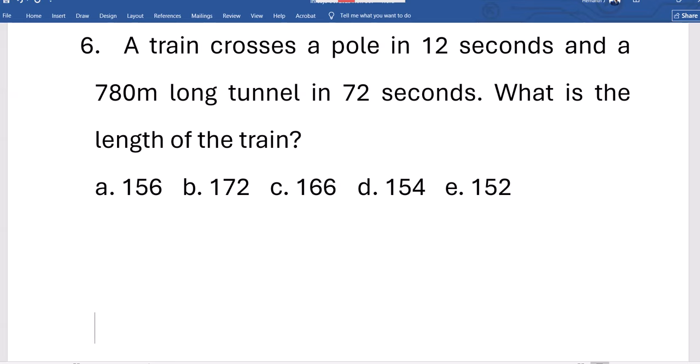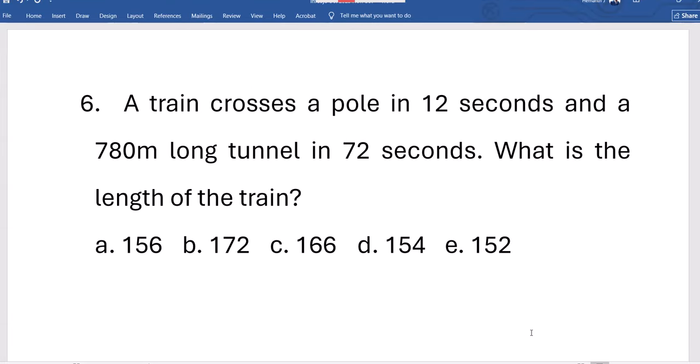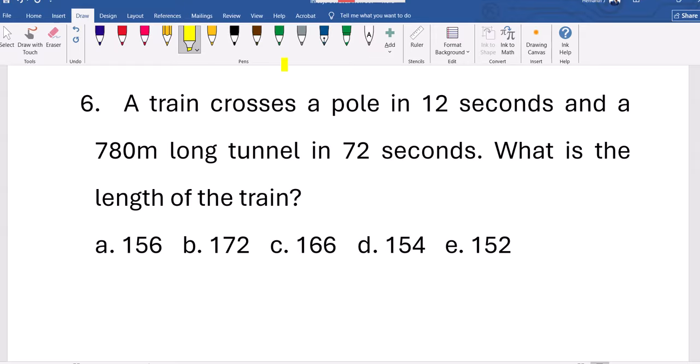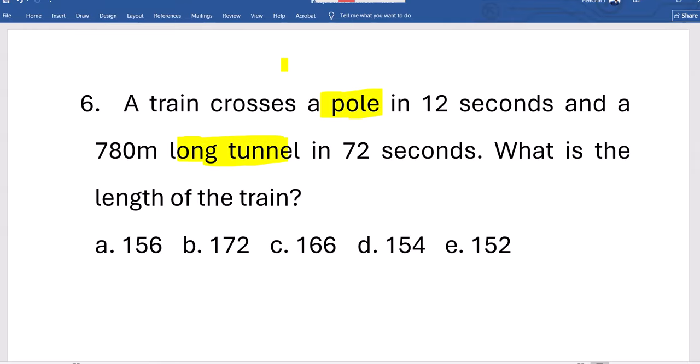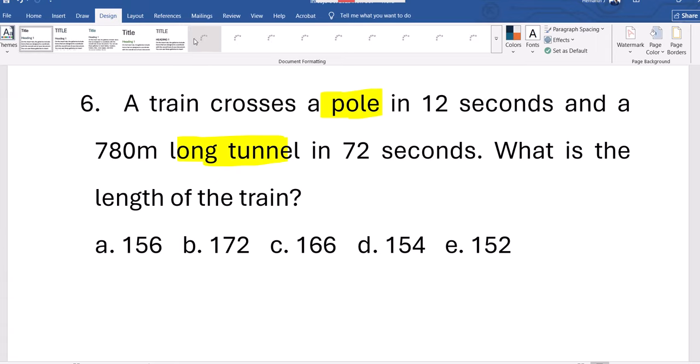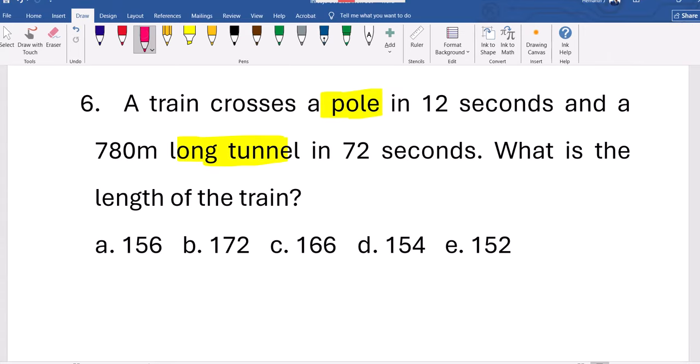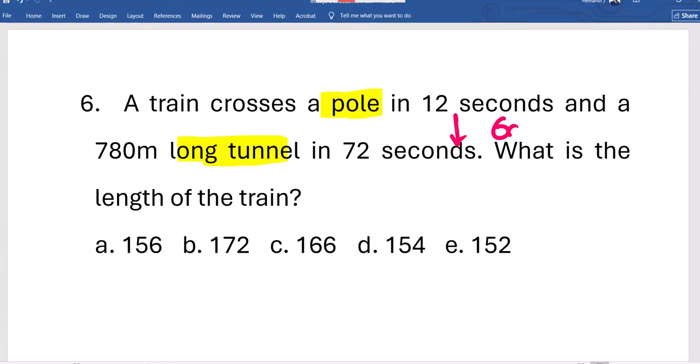Right? See, my simple logic from the first case to the second case. The first one is the train crossing a pole. The second case is the train crossing a tunnel. Okay, fine. Now, what is the extra timing taken here? 60 seconds. Extra distance traveled, 780 meters.